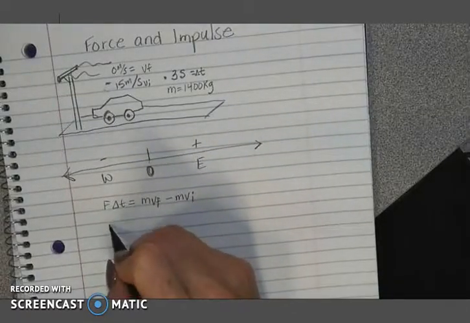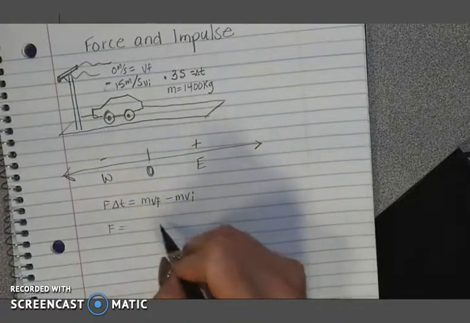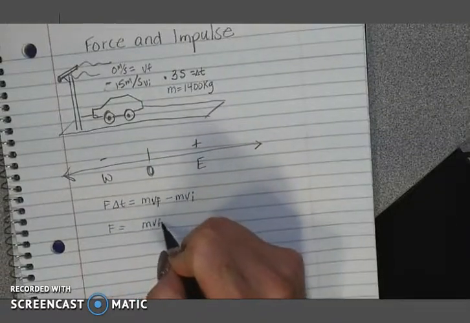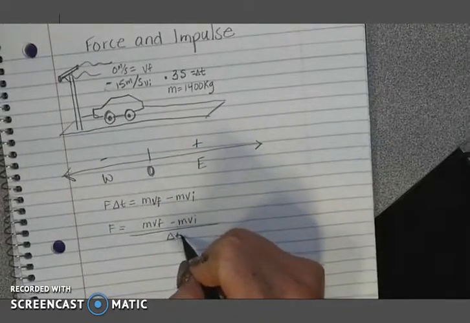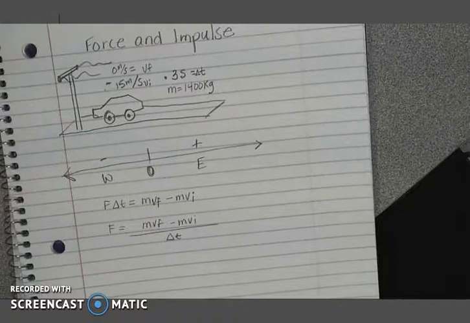So in this case, the force is equal to m v sub f minus m v sub i all over delta t. So I'm solving for F.